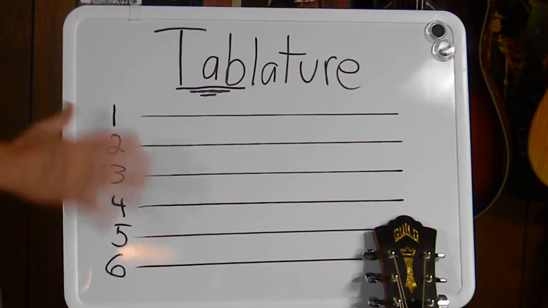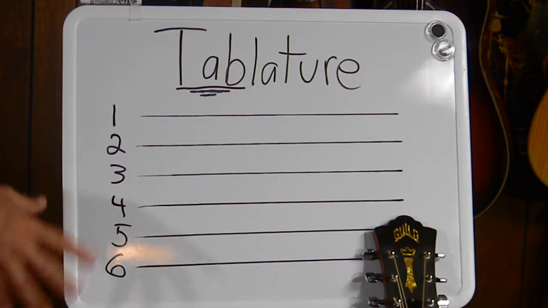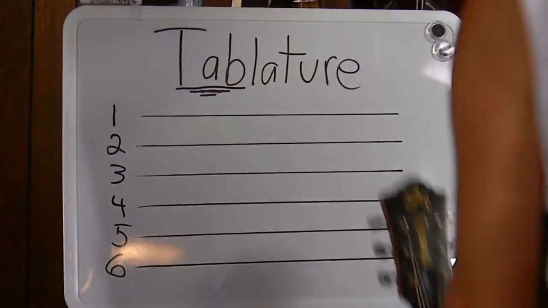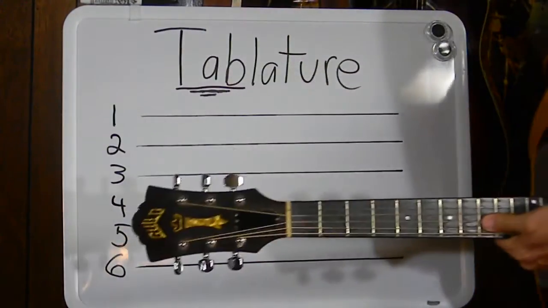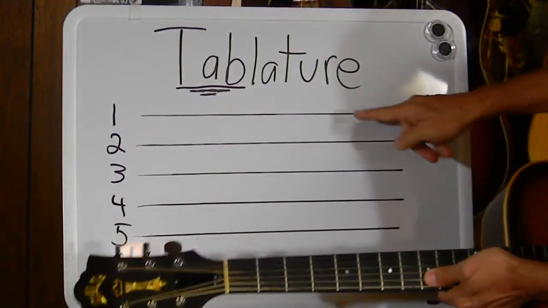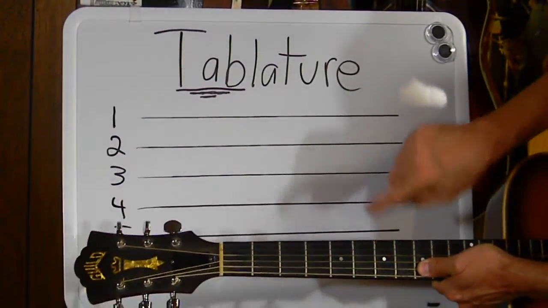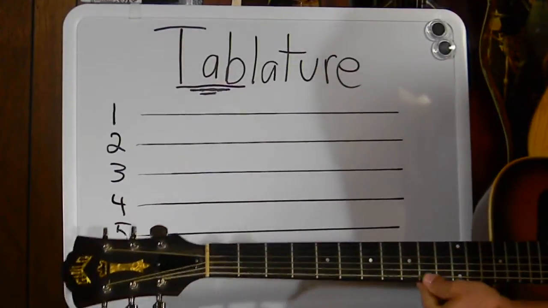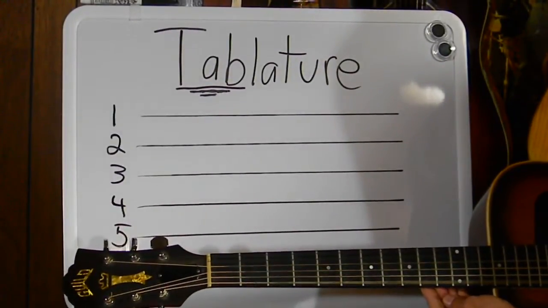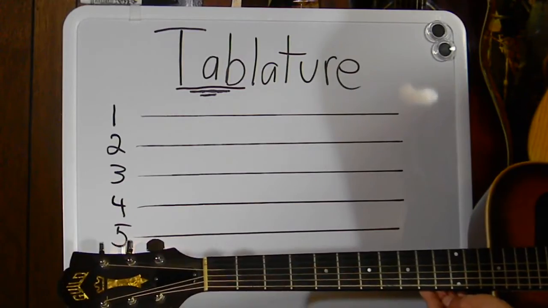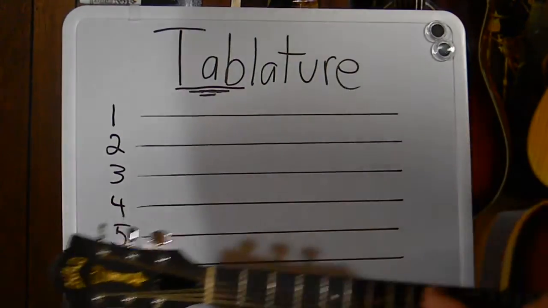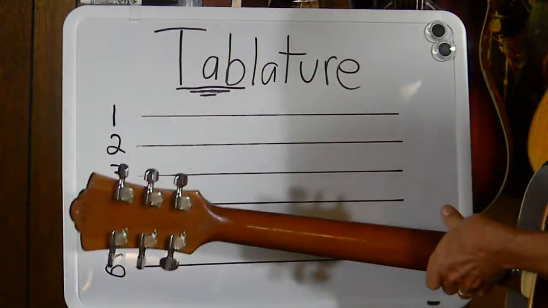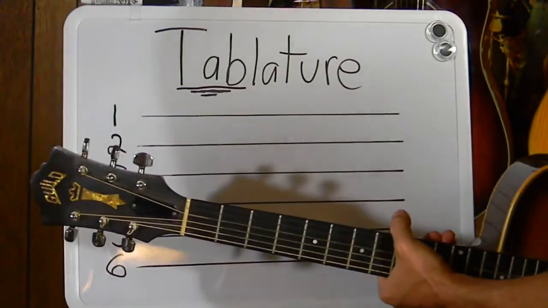You don't want to get this mixed up. As an example, when you look at the guitar, the highest line is the highest sounding string, and the lowest line is the lowest sounding string. Problem is, when we play guitar, we play like this, not like this.